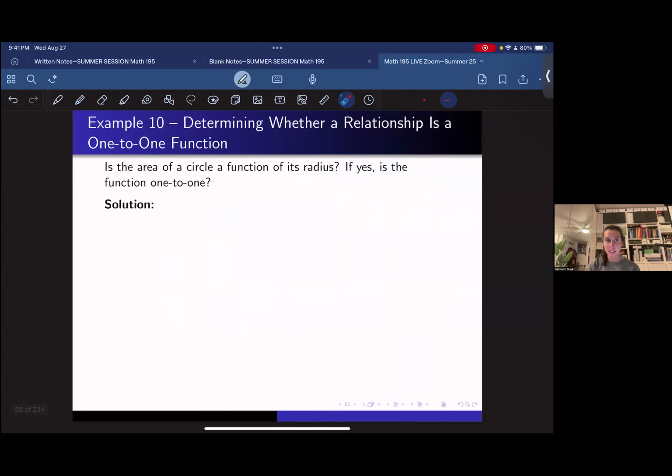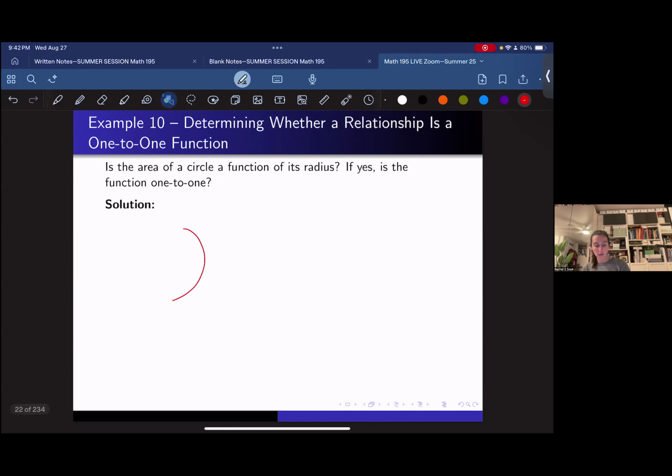So now let's look at example 10. We're asked, is the area of a circle a function of its radius? And if yes, is the function one-to-one? So first off, area of a circle. Remember the acronym to find circumference and area.